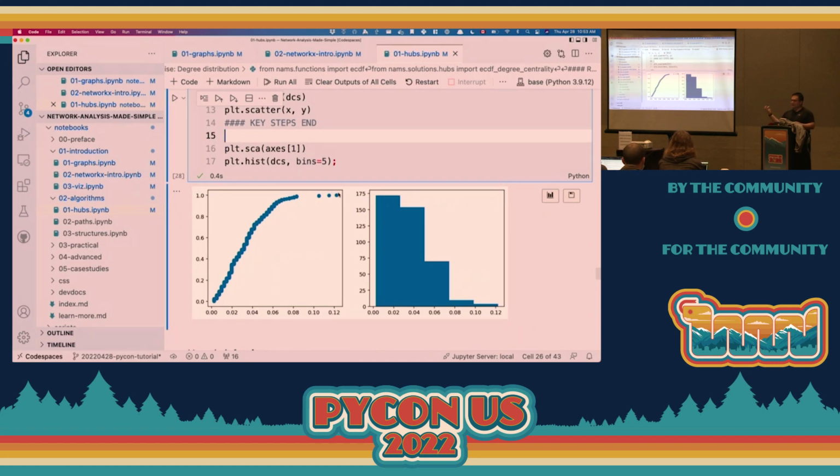This is a slight detour around visualizing distributions. Visualizing distributions is really important, right? Because there are processes that we can imagine in which graphs are generated, and they will give us different distributions of things like degree centrality and other centrality metrics. So imagine we have some data that is our current degree centrality metrics, right?